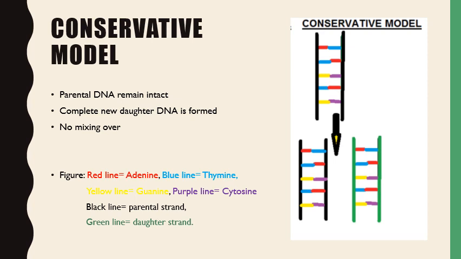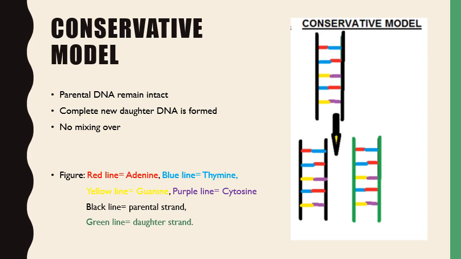So if we consider this model, according to it the new daughter DNA molecule will be completely different from the parental DNA molecule. But generally what we see is that offspring are more or less similar to their parents. They have some traits that are similar to their parents.